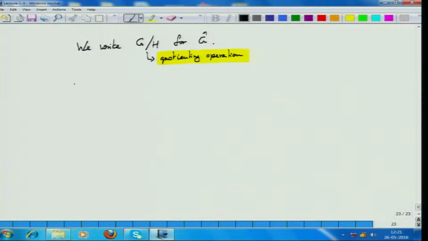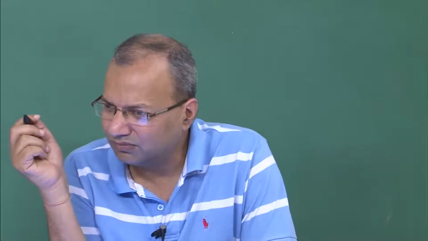Now, having seen this, let us get back to our motivating example. What we started with was this group of integers under addition. Then we identified a subgroup. There are many subgroups, but let us say the set of even numbers, that is a subgroup.